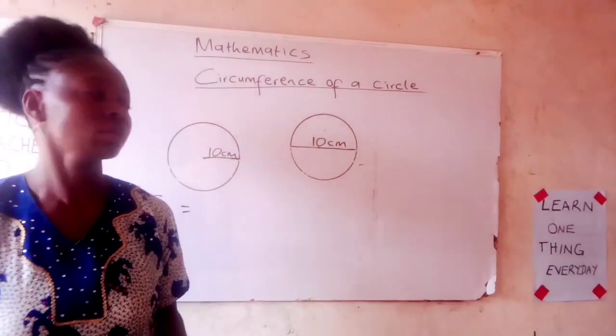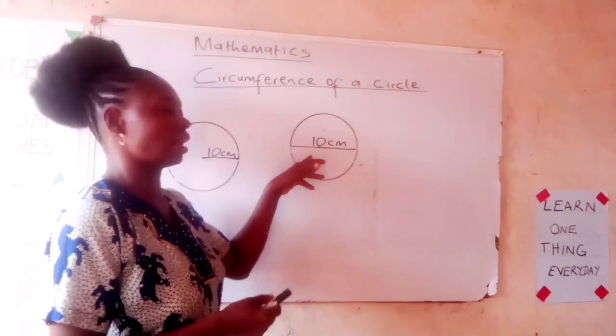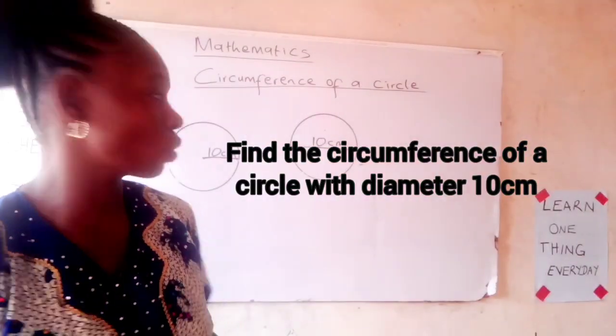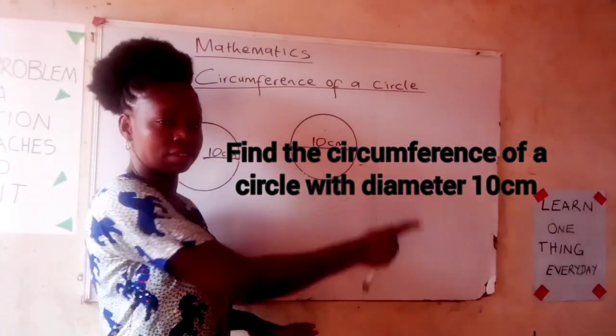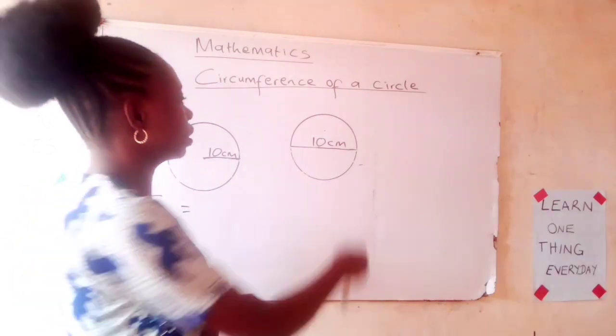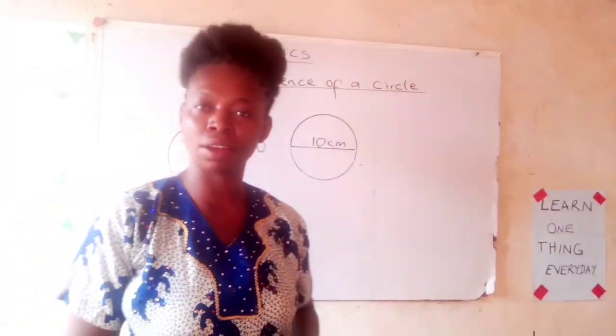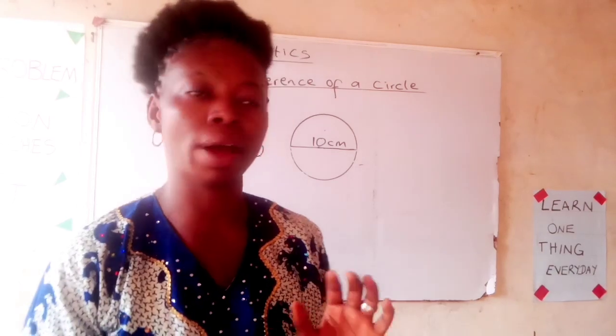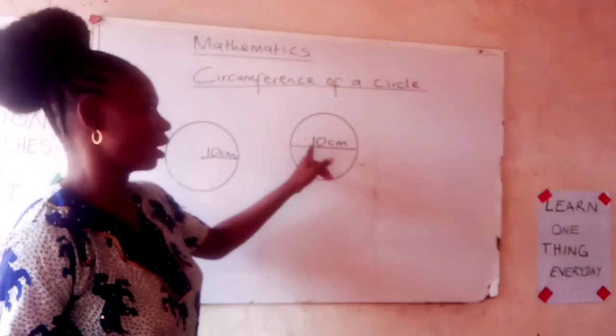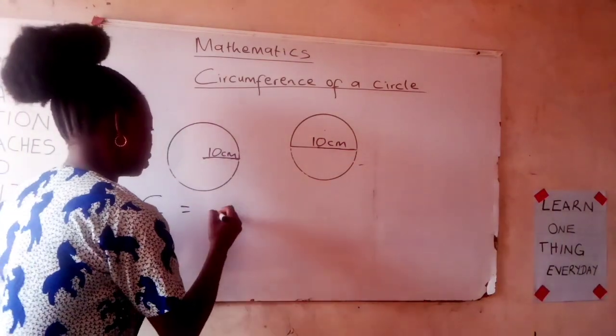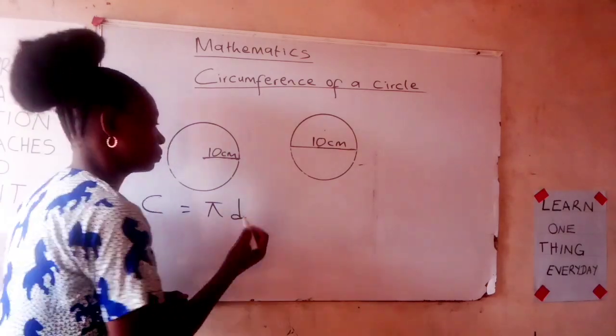Look at this question. The next question is, this is the diameter. Find the circumference of a circle with diameter 10 cm. Remember, the formula for circumference is 2 pi r or pi d. So let us use pi d. We are given the diameter, so C is pi d.